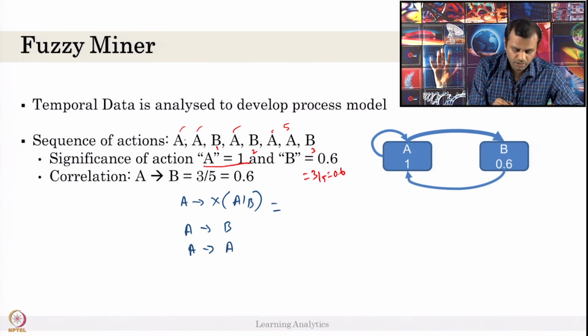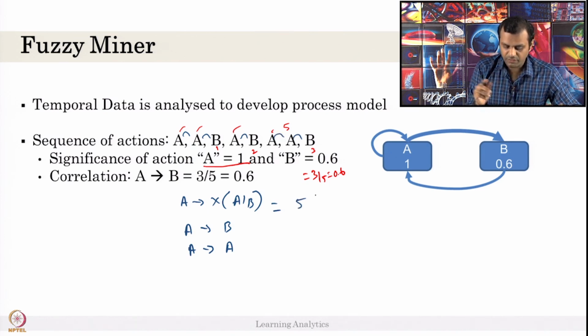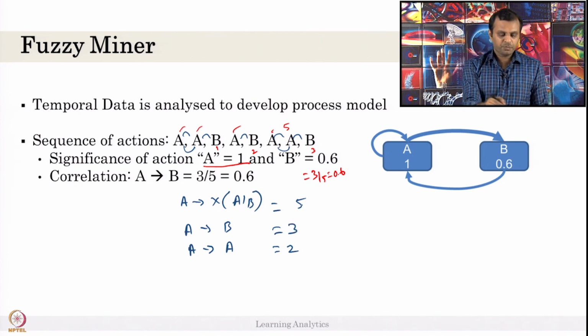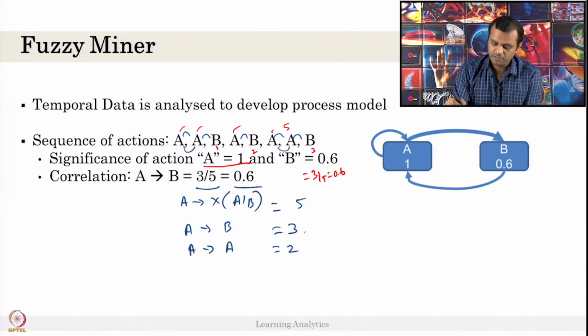A to X, there are 1, 2, 3, 4, 5. There are 5 transitions from state A. In that A to A is 2. So, A to B will be 3, right, 3 plus 2 equal to 5. So, the correlation of A to B is 3 divided by 5, that is 0.6. So, the correlation of that is 0.6.